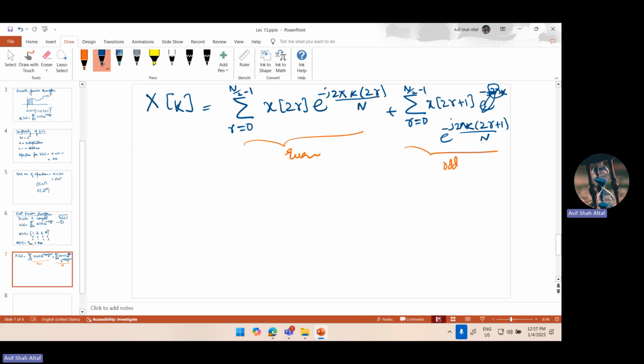So if we do a little bit of algebra, then we can write it as this.